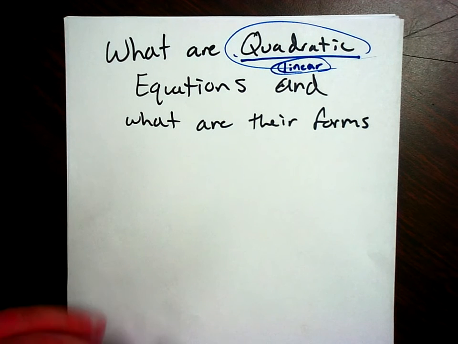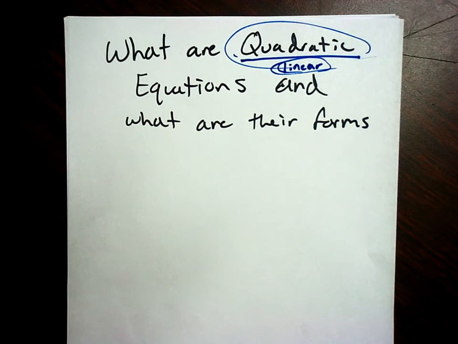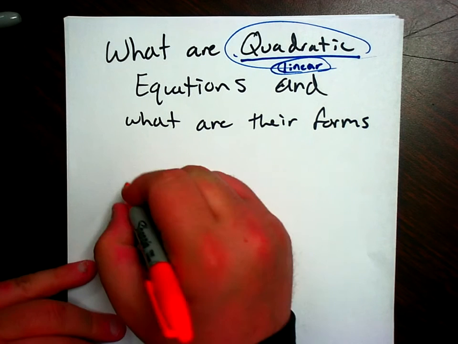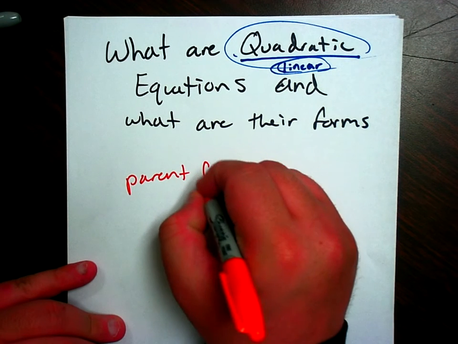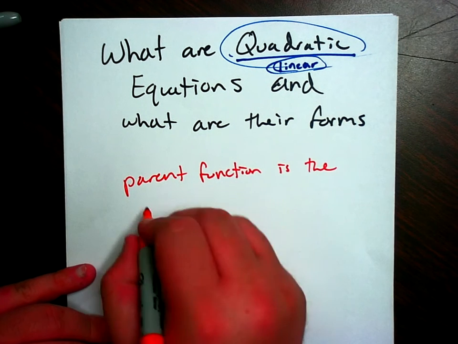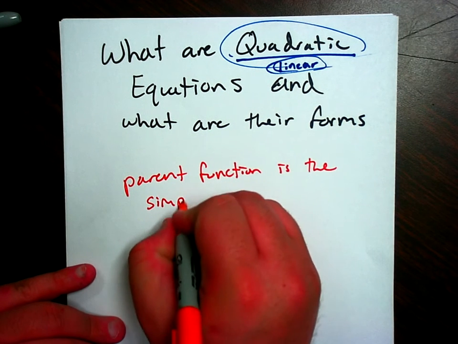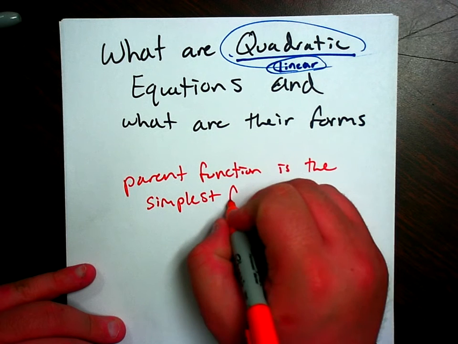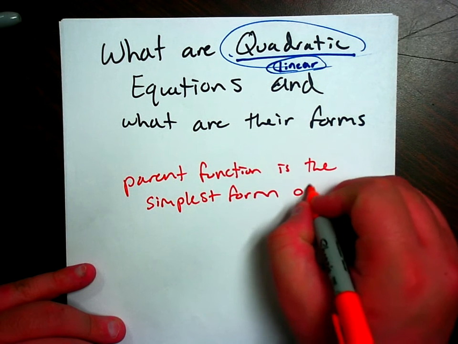And the big difference is the parent function for a quadratic. And remember, the parent function is the simplest form of the function.